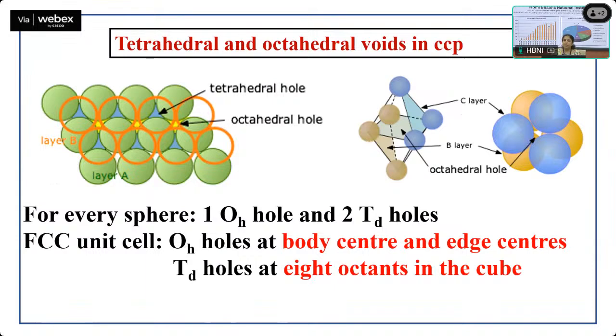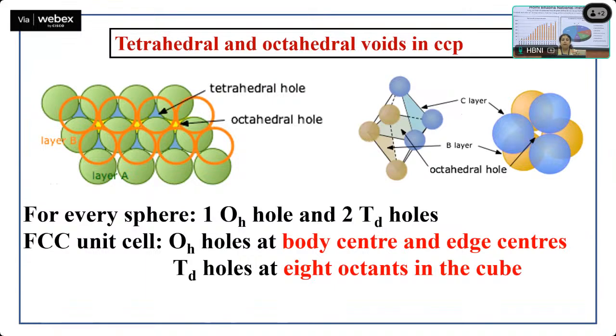So again, for the FCC unit cell, how many lattice points do I have? 4. One contributed by the corner points, and then 3 contributed by the lattice sites at the face centers. So I have 4 lattice points in the FCC unit cell. By virtue of whatever we discussed a little while earlier, 4 lattice points means 4 octahedral holes, that is 1 at the body center, and then there are 12 edges.